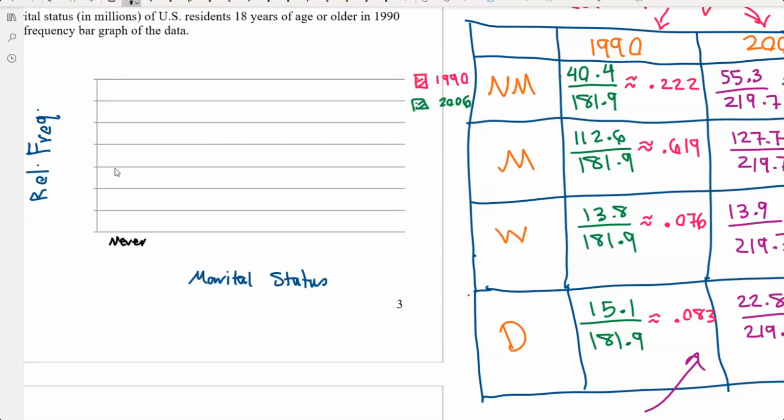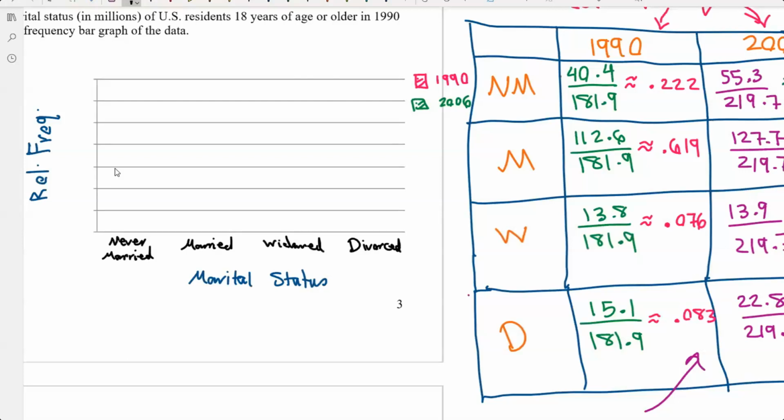Okay, I'm writing the data that we have here in a horizontal line. Here we have never married, married, widow and divorced.